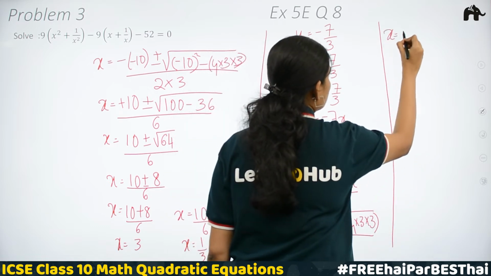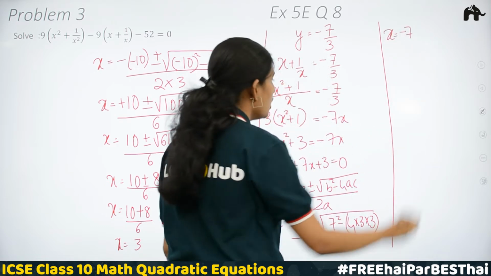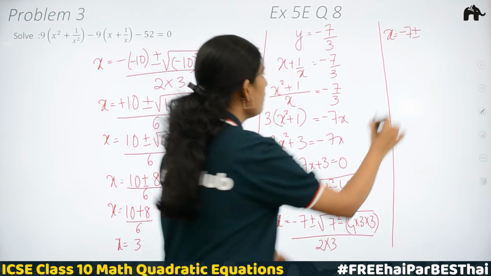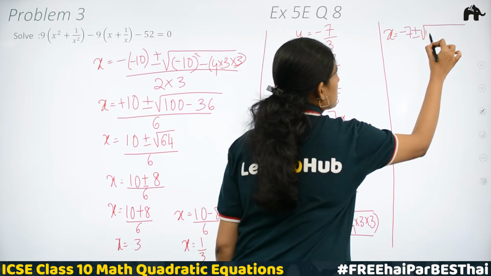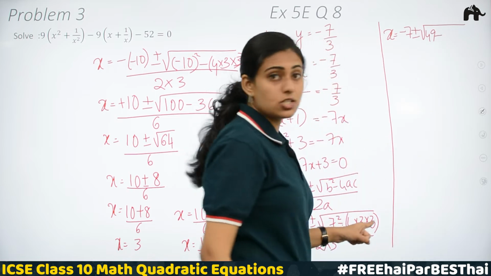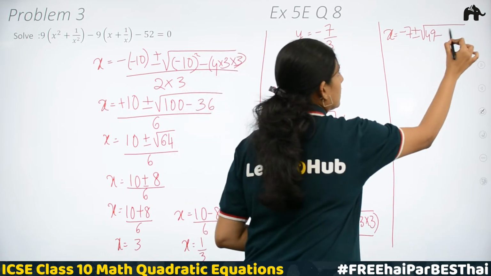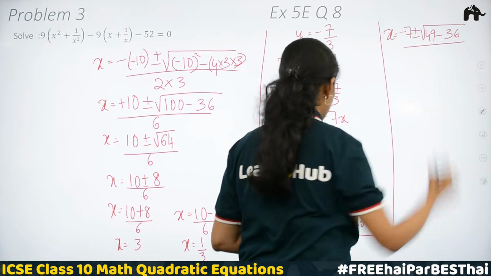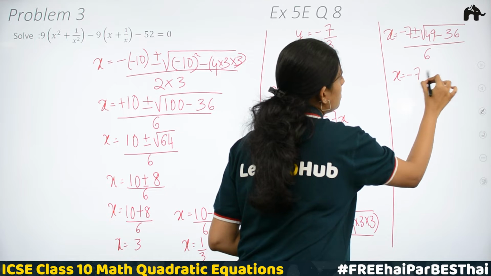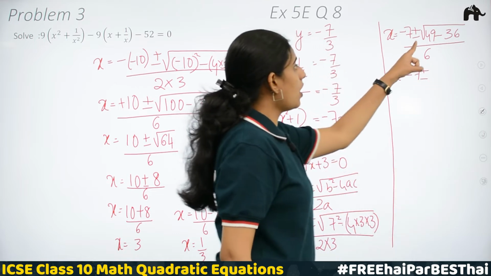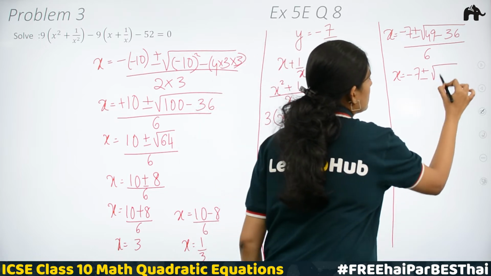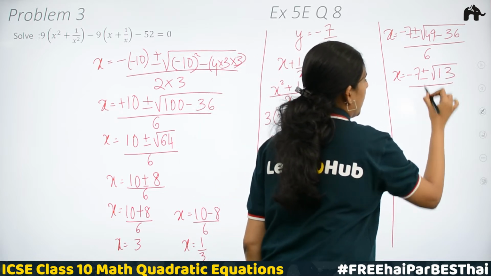x is equal to minus 7 plus or minus root of 7 square, that is 49, minus 4 into 3 is 12, 12 into 3 is 36. 36 divided by 6. x is equal to minus 7 plus or minus root of 49 minus 36, that is root 13. 13 is not a perfect square, divided by 6.